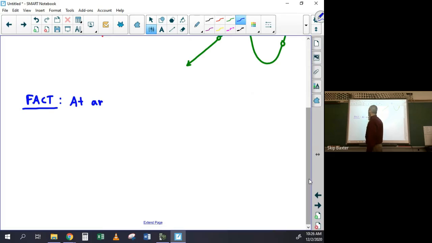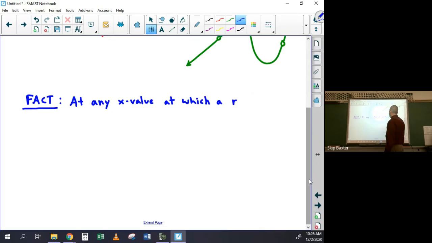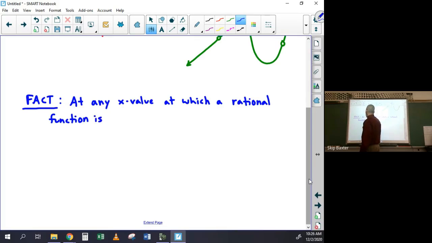At any x value at which a rational function is undefined, and we know that that is actually just where the denominator is 0, right?